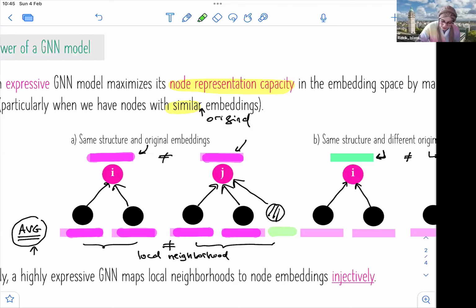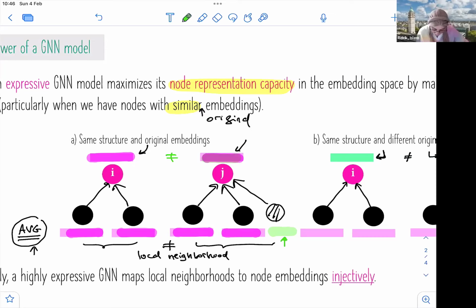Because I have a different embedding here, these will actually be different, okay? In the other case, it was similar, but now they are actually different because I have a different embedding. So you can see when you have different embeddings, the problem doesn't really arise. The problem arises when we do have similar embeddings, right?